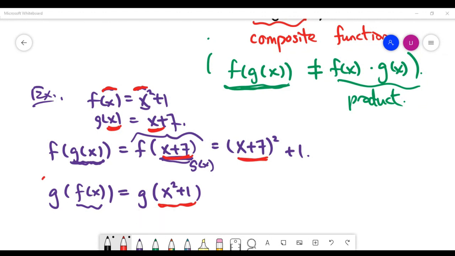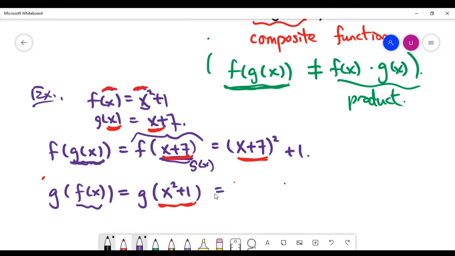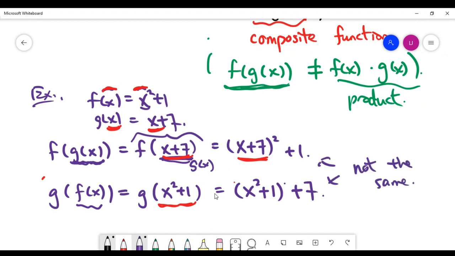So I'll just write it down now. It's the same as x squared plus 1, the whole thing, plus 7. And that's the answer. As you can see, of course they are not the same. You can expand the brackets on top and you'll see that they are not the same thing. So that's the meaning of composite functions.